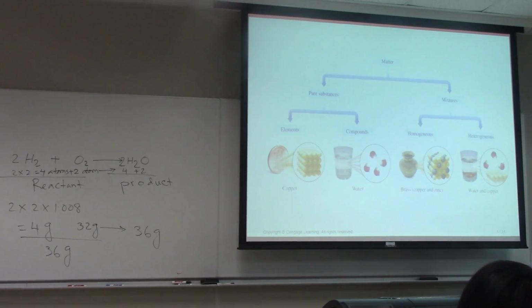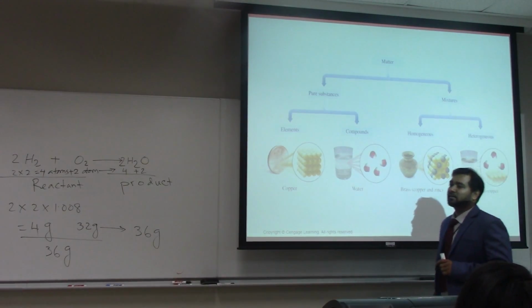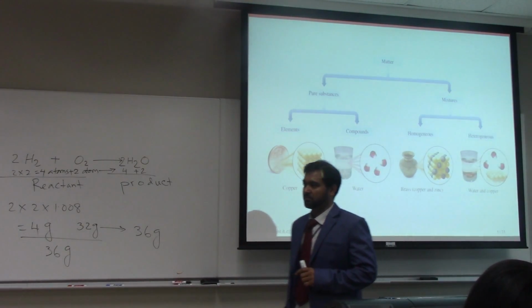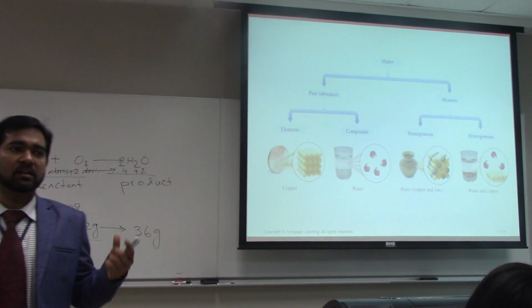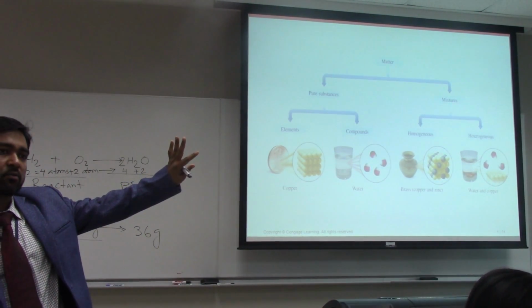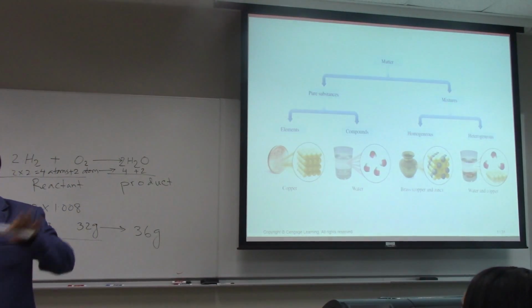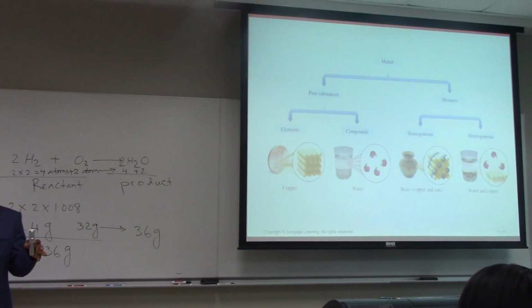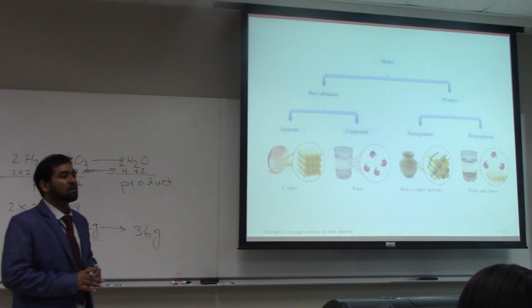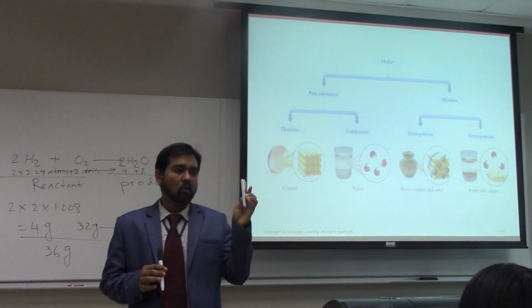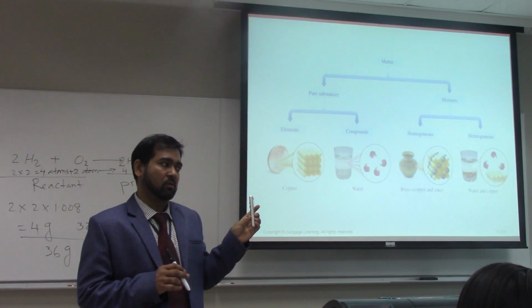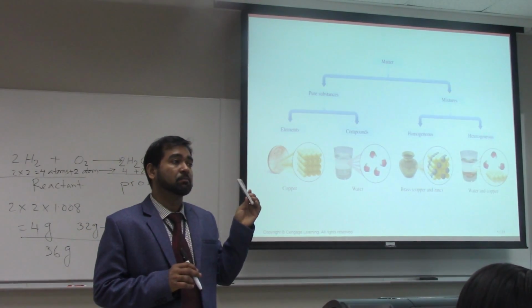So how many types of matter can you classify based on their composition? Primarily 2. Earlier one was based on their state, this one is based on their composition. If you have a matter, look at whether it is pure or whether it has a specific property.